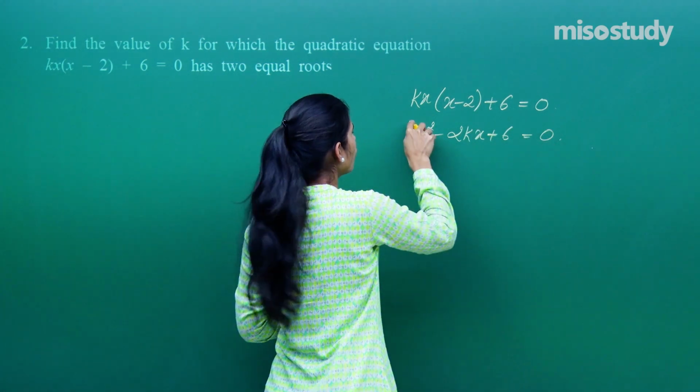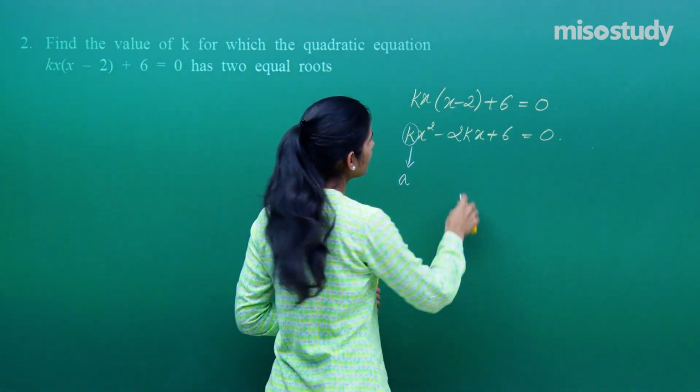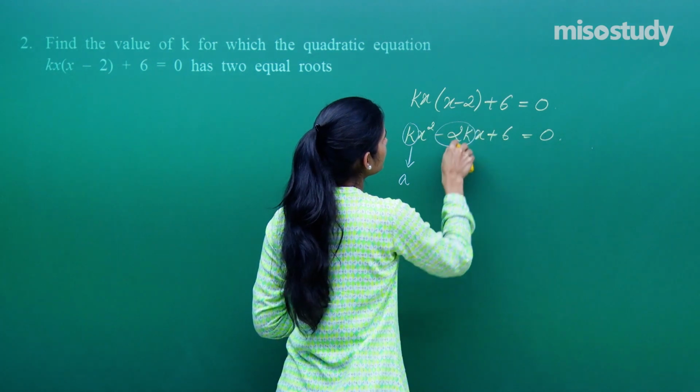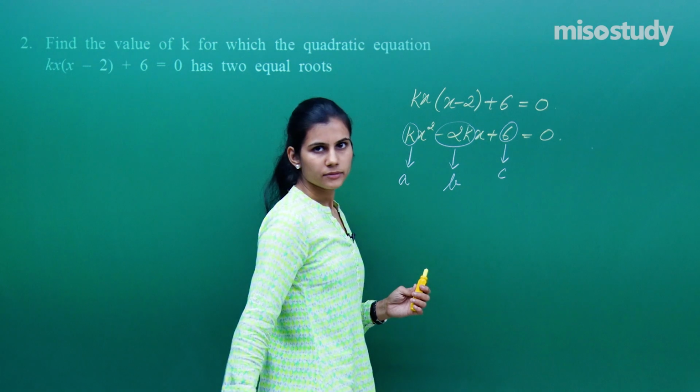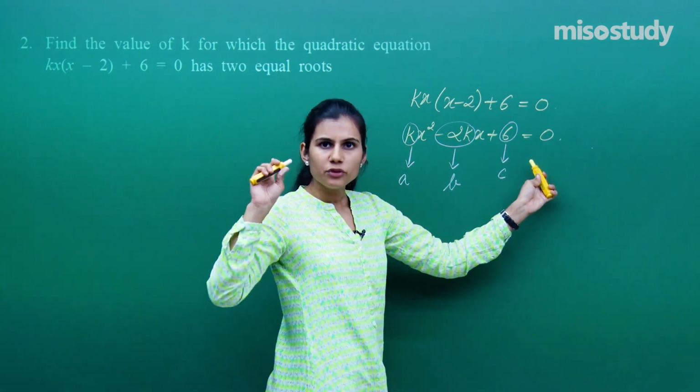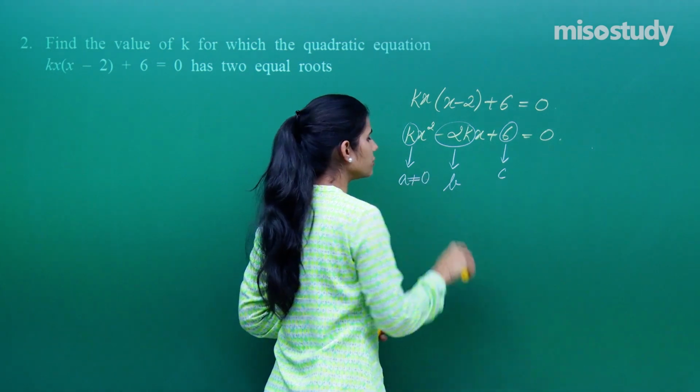Right now you see the coefficient of x square is k, so this is a. The coefficient of x is minus 2k, so this is b, and this is your c. It is given that this is a quadratic equation, so definitely a is not equal to 0.